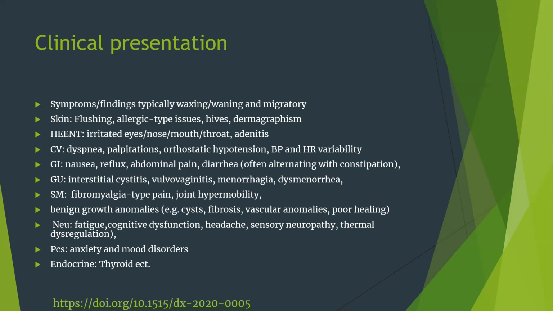Then there could be some benign abnormal growths, poor wound healing, and neurologically, it's fatigue, cognitive dysfunction, memory loss, headaches, different versions of neuropathy, thermal temperature dysregulation, feeling too hot, too cold. As a result of that, there could be anxiety, mood disorders, and many people will have thyroid problems or other endocrine issues.